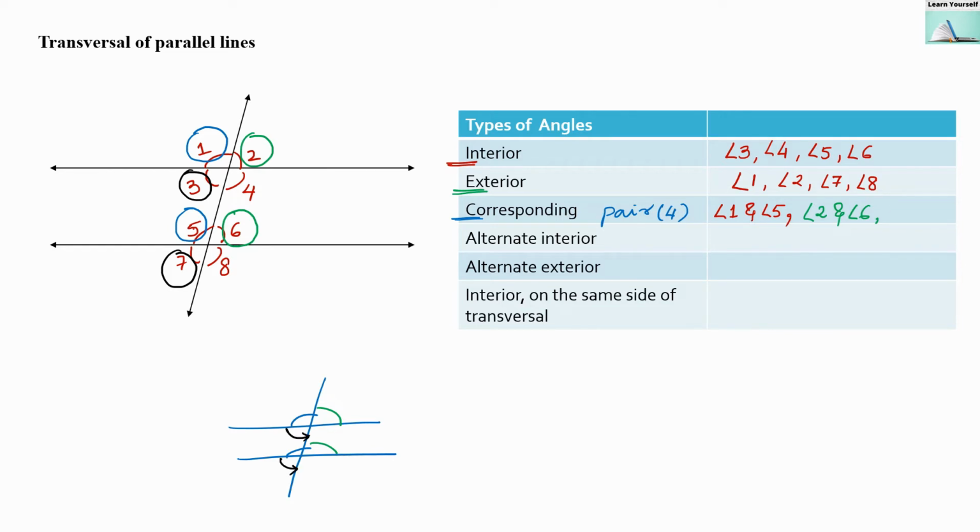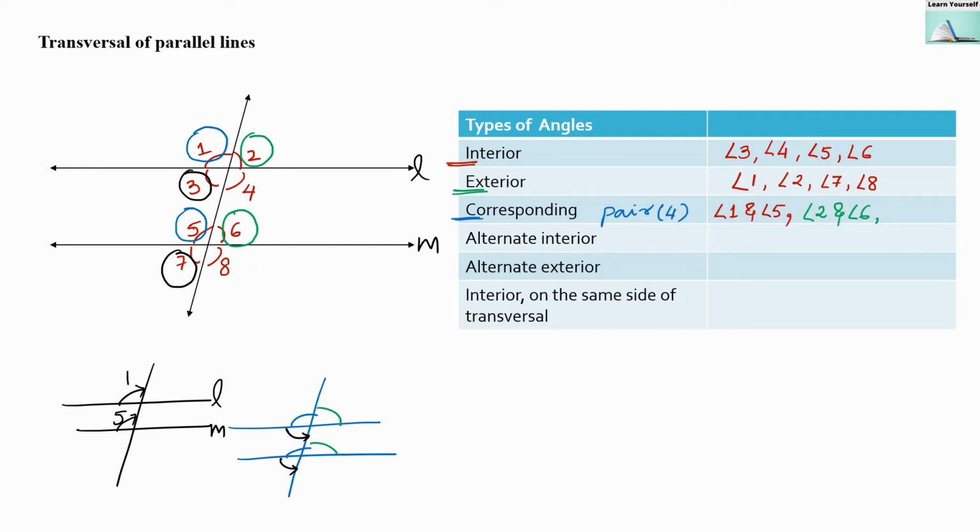As you can see, we are choosing the angles which are at the same position for line L and line M. The angles at the same position means, for line L, the first angle, angle 1, is here. Then we choose this angle as the corresponding pair for that. So here is 1, here is 5.